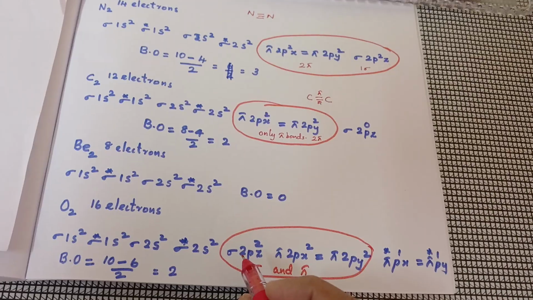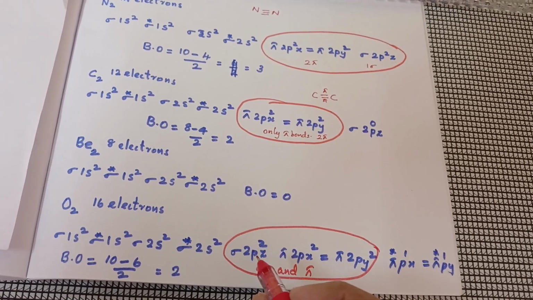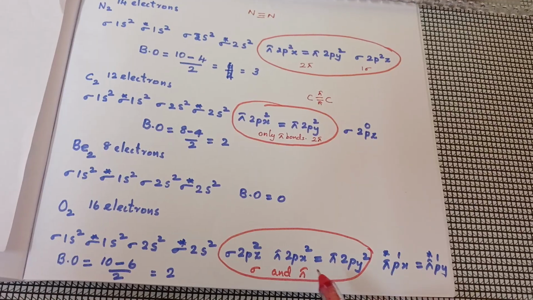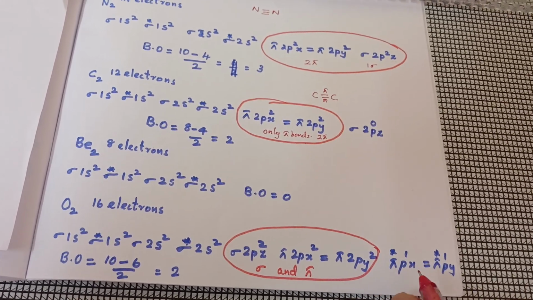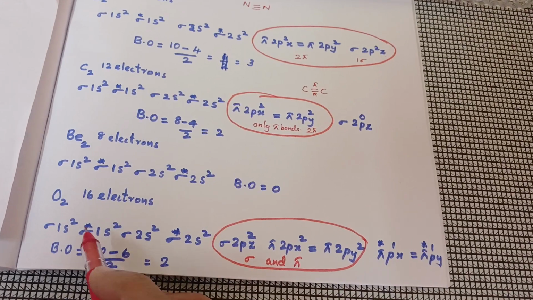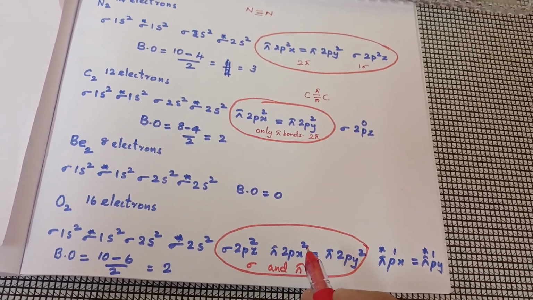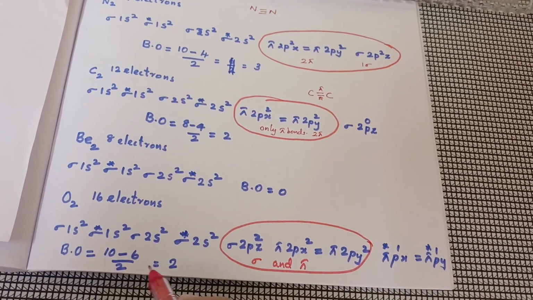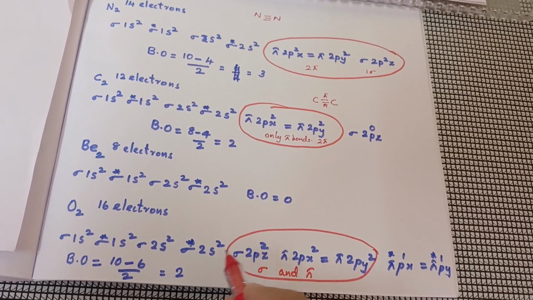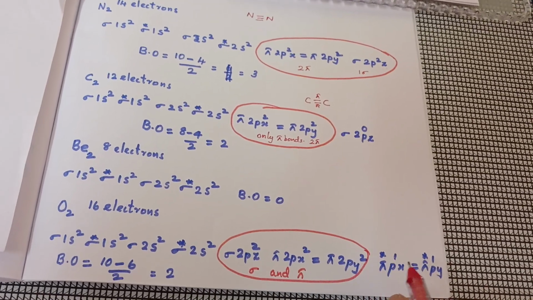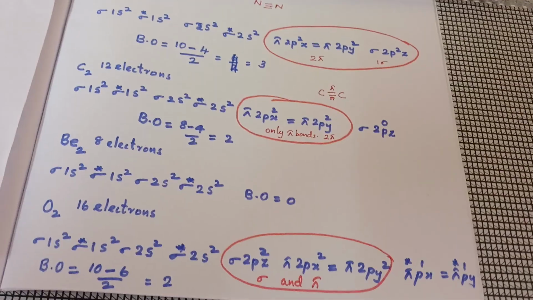This 2pz is getting filled up first, and then only the pi molecular orbitals come. So if we look at the bond order, 2 plus 2, 4, 6, 8, 10. 10 minus, now anti-bonding, 2 plus 2, 4, plus 1, 5, plus 1, 6. So 2 is the bond order here also.